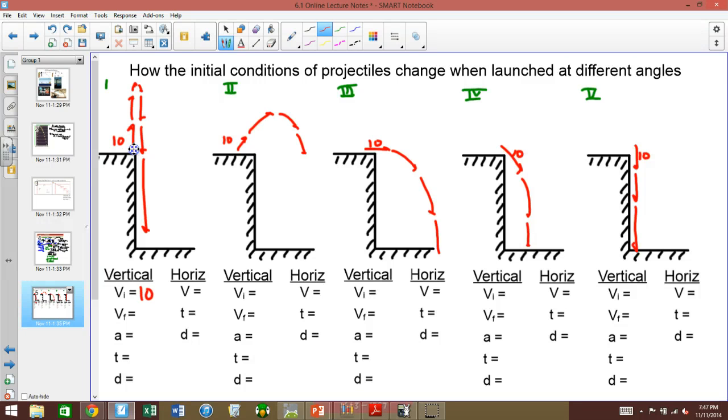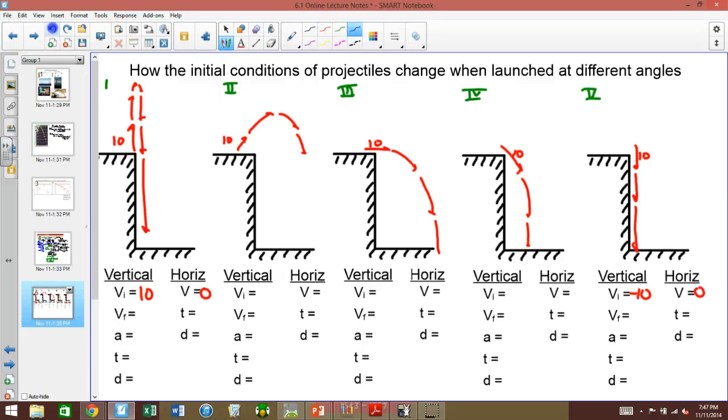So the vertical initial velocity is 10 and the horizontal velocity is 0 because it's not going left or right at the very beginning. It's only going straight up. And it's the exact opposite over here. Well, not exact opposite, but case number 5, the initial speed is -10 and the horizontal velocity is 0.